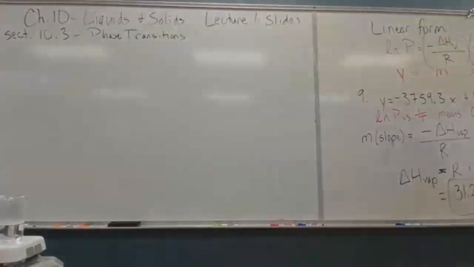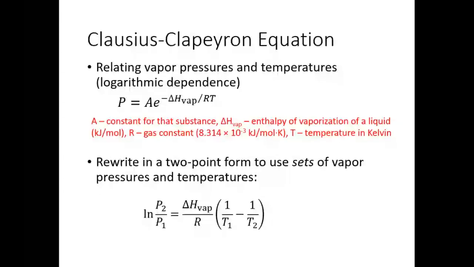The 2-point form of the Clausius-Clapeyron equation is useful when you're not given a graph to look at and you're not given the value of A to calculate using the original Clausius-Clapeyron equation. The 2-point form should be used when you are given what? 2 data points, 2 data sets.